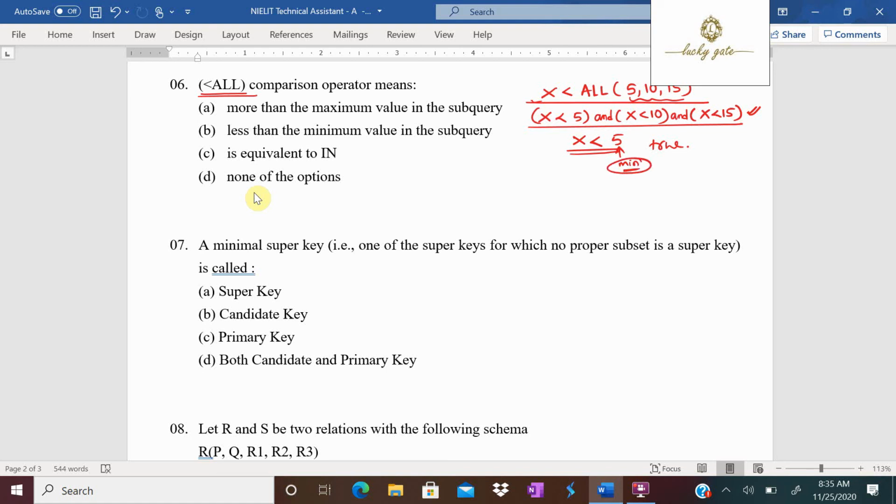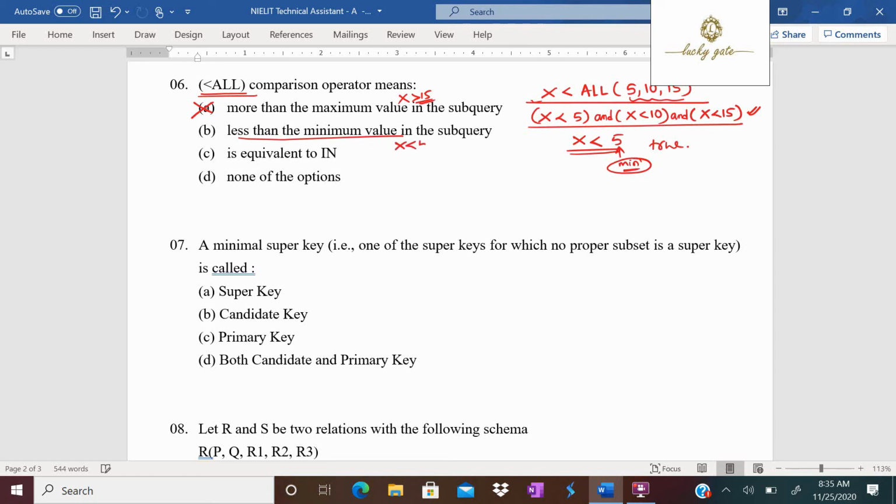Now option A, you look. More than the maximum value in the subquery. Is less than all comparing with more than the maximum value in the subquery? Means is it x greater than 15? No. It is not selecting x greater than 15. It is going to select x less than 5. Option A is wrong. Less than the minimum value, correct now?